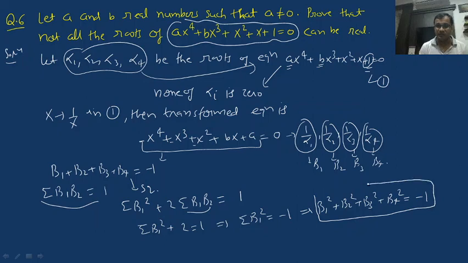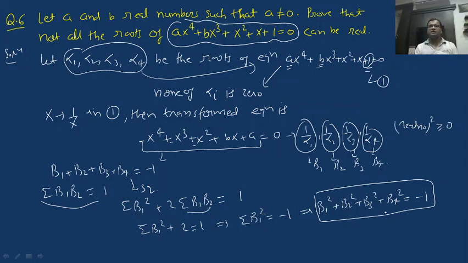This looks like a nonsense picture, because the sum of squares of any four real numbers cannot be a negative quantity if beta 1, beta 2, beta 3, beta 4 are all real, and we know that the square of any real number is always non-negative.